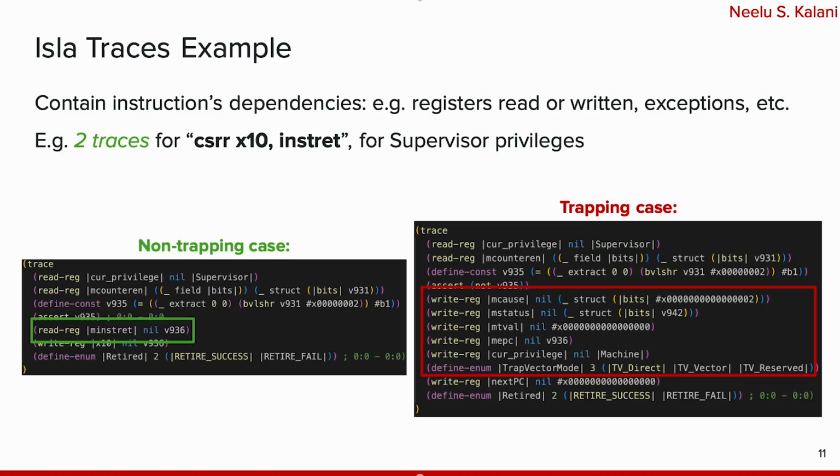One that does not trap and successfully reads the register, which is shown on the left-hand side, because the instructions retired counter is enabled for access by supervisor mode in that case. And then another trace is generated on the right-hand side where we can see that the instruction traps because the counter access for supervisor mode is not enabled.